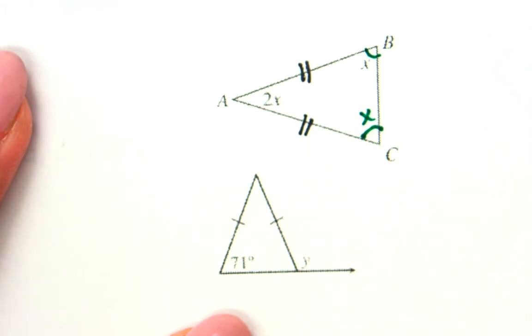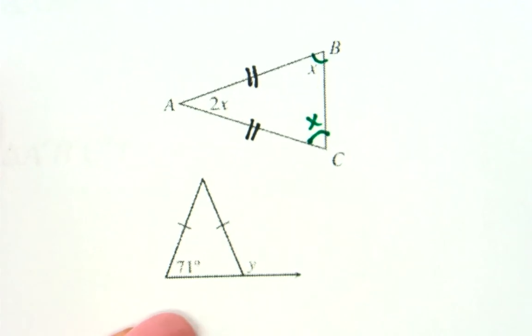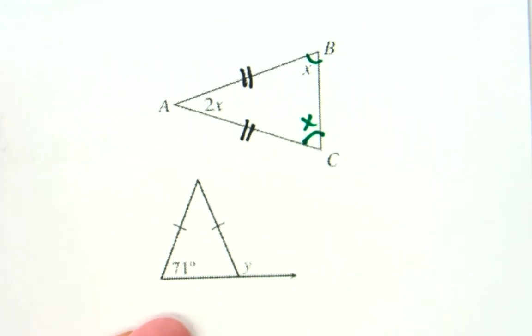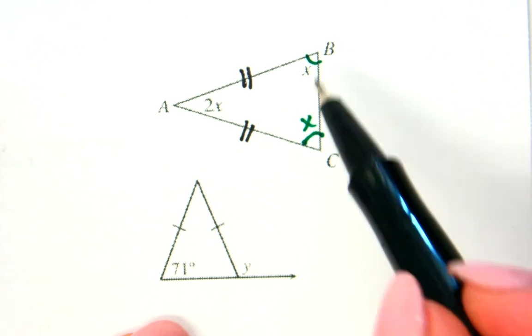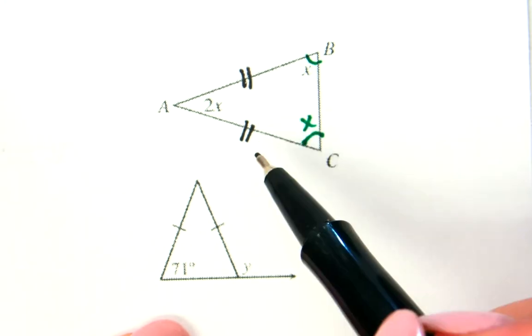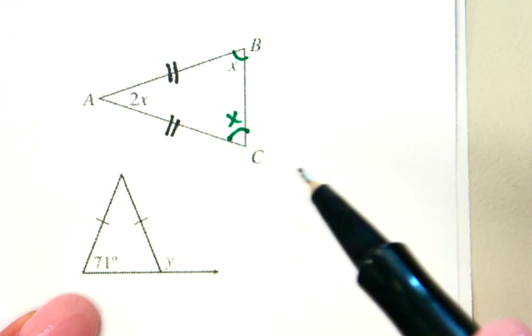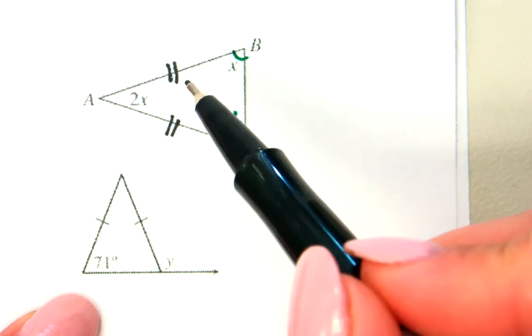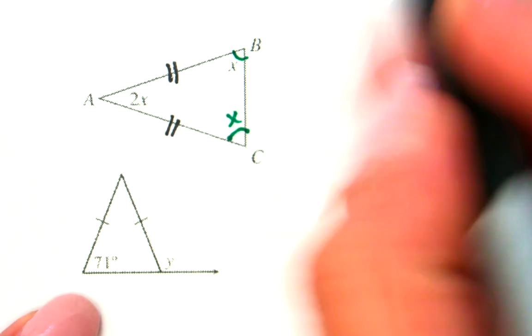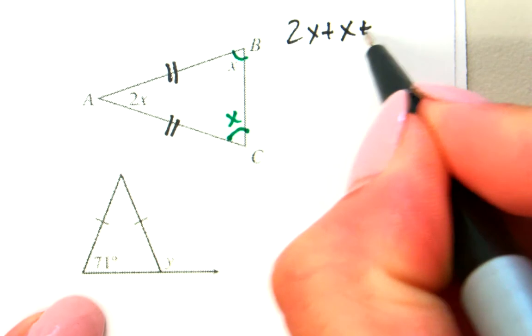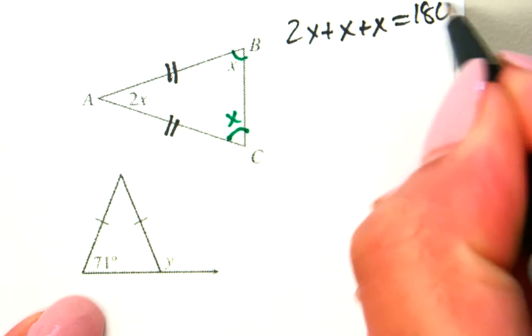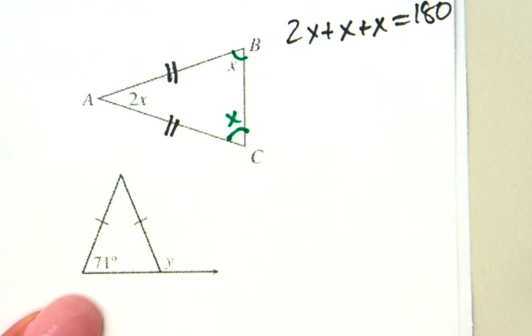So that means this is x also, which makes your life super convenient because now you have all three angles. By the way, this is the base angles theorem for an isosceles triangle. That's the one we did, I think, 2 or 3 homeworks ago. So you have 2x plus x plus x. You have 3 angles all equal to 180, and I'm sure you can solve for x like that.